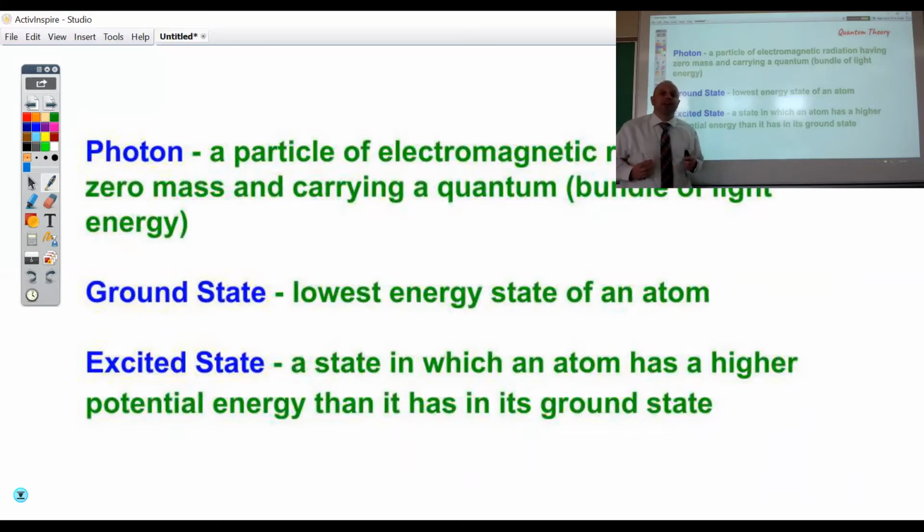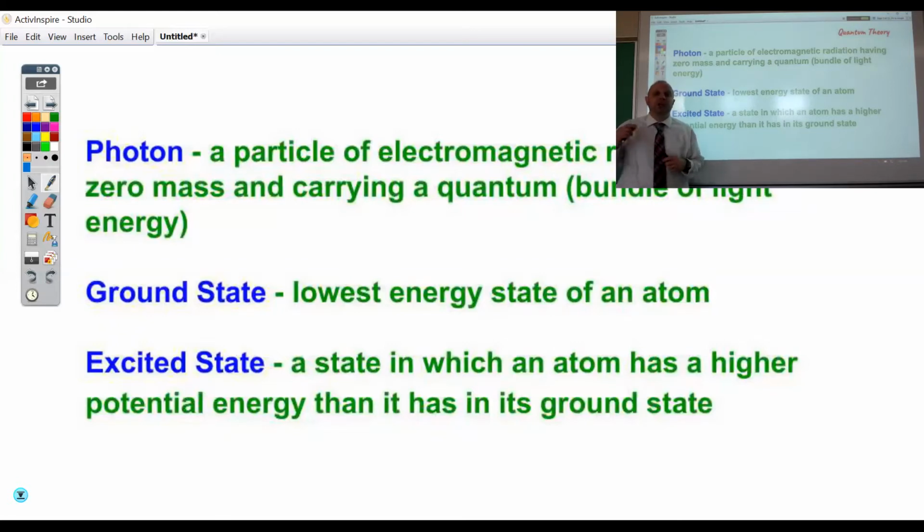It is where all of the electrons are in their lowest unoccupied energy level, so the lowest possible position in terms of their positions in an atom. And our third term is going to be called excited state, a state in which an atom has a potential energy that is greater than it has in its ground state.